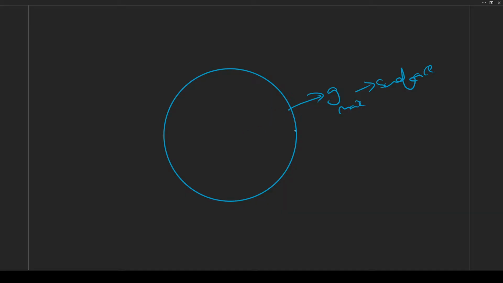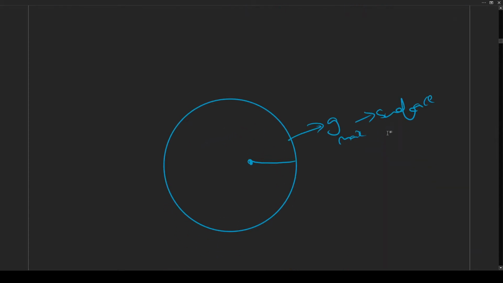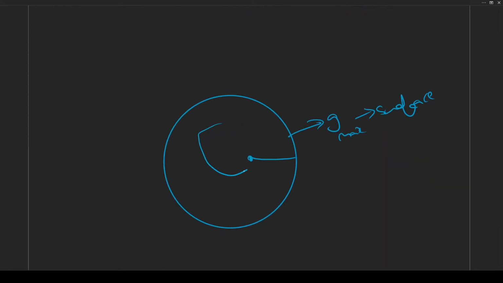If we go down further, these outer layers will keep disappearing as their effect on the mass keeps reducing. Since we know force is directly proportional to the product of masses and inversely proportional to distance, as the mass keeps decreasing, the force also decreases.